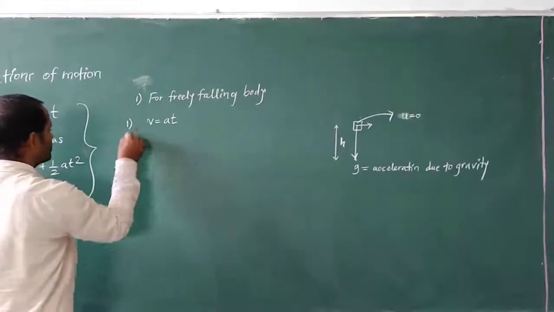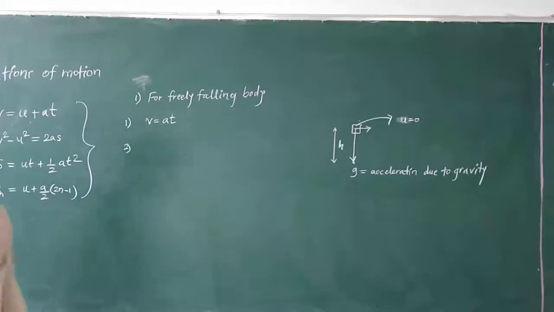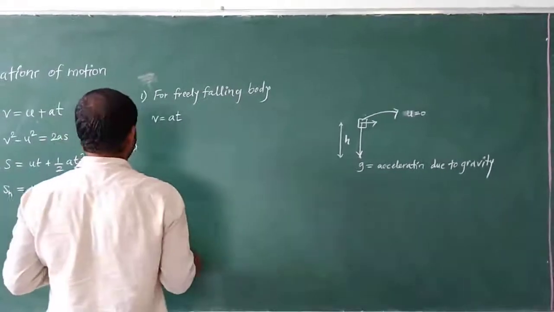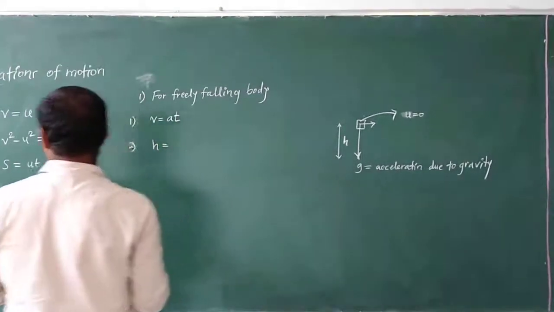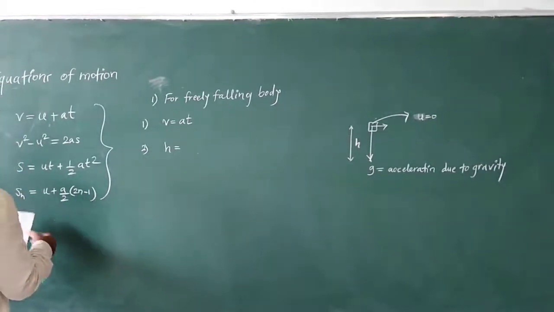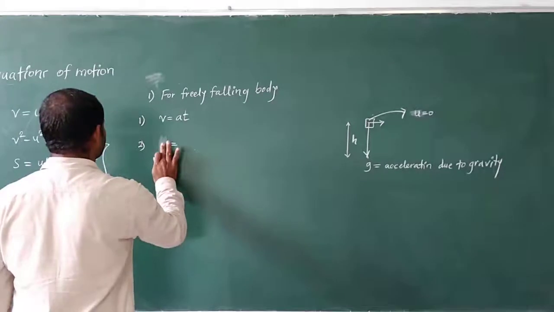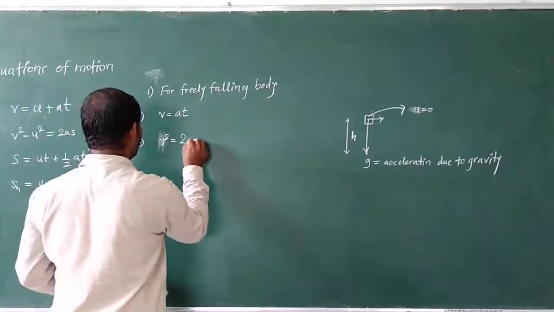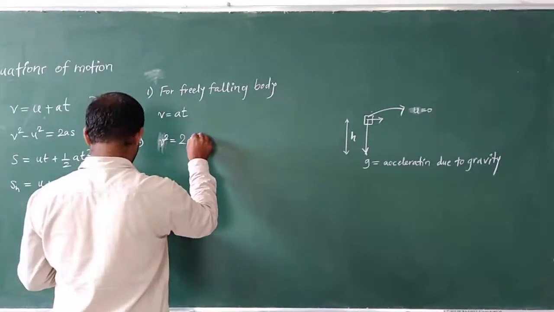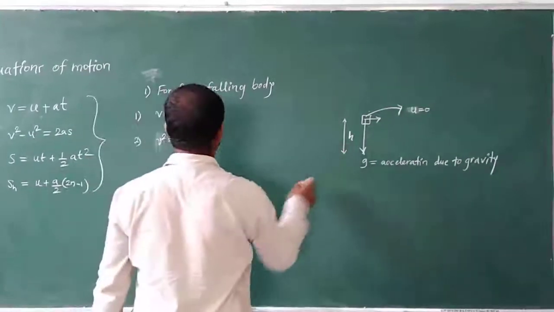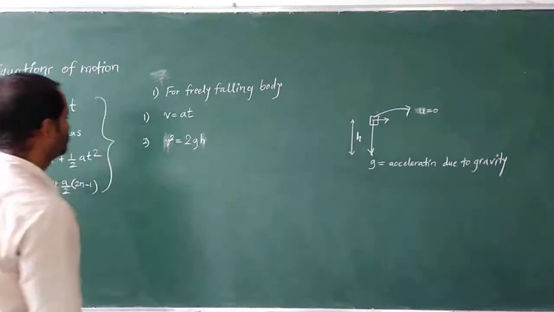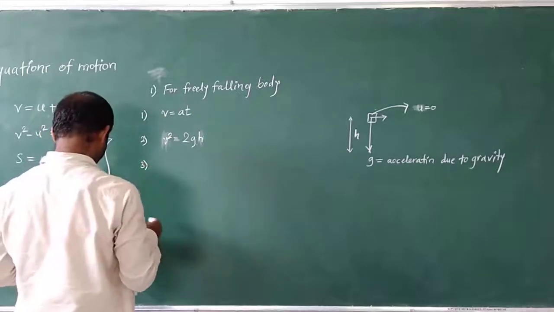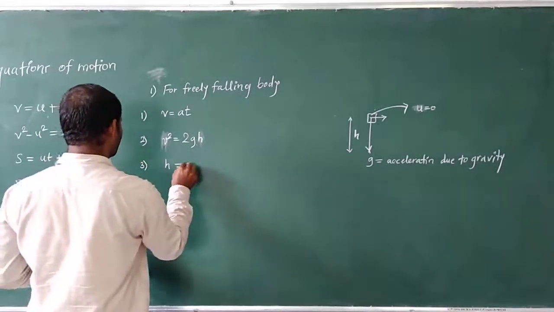The second equation will become v square is equal to, u is already 0, 2gh. The third equation will become h is equal to half gt square.